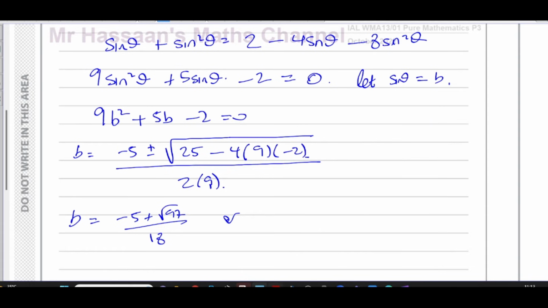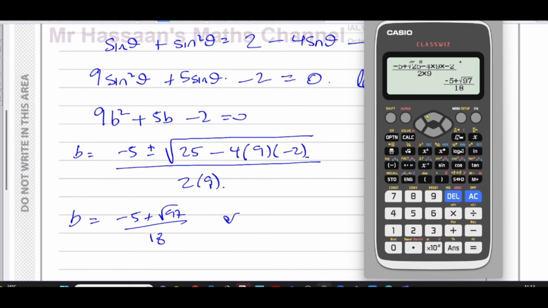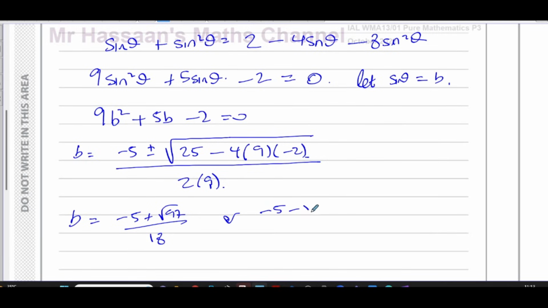If we change this to a minus sign, we'll get the other solution, which is minus 5 minus root 97 all over 18.